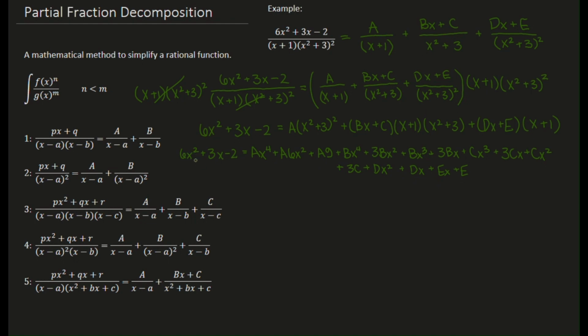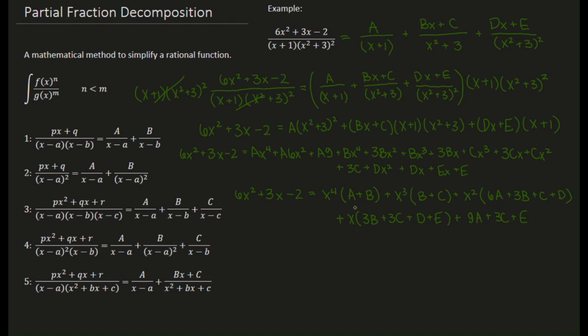I leave it right where it is. I'm going to simplify the right side by combining all the like powers of x. So all the x to the fourths I'm going to bring together, and all the x to the thirds, x squareds, and just x to the power of 1, and then all the ones that aren't even multiplied by x.